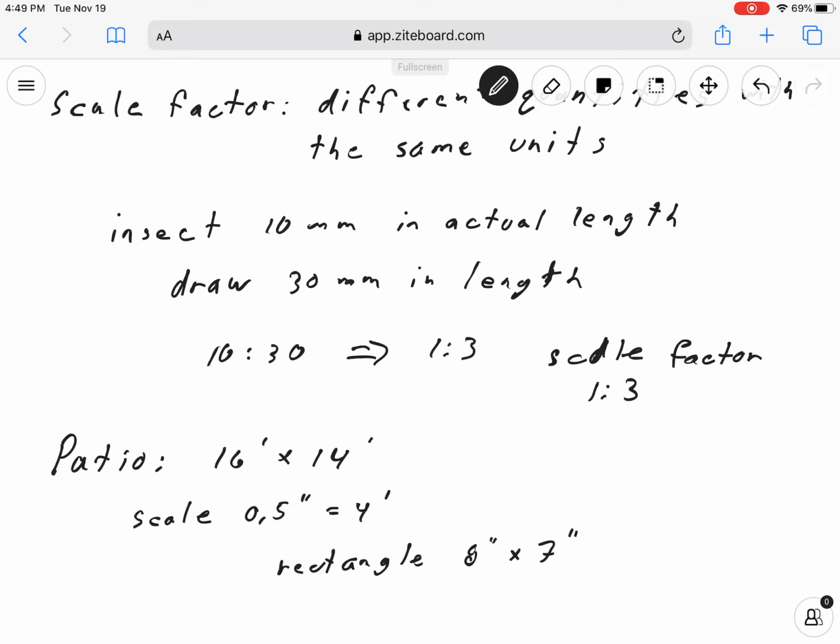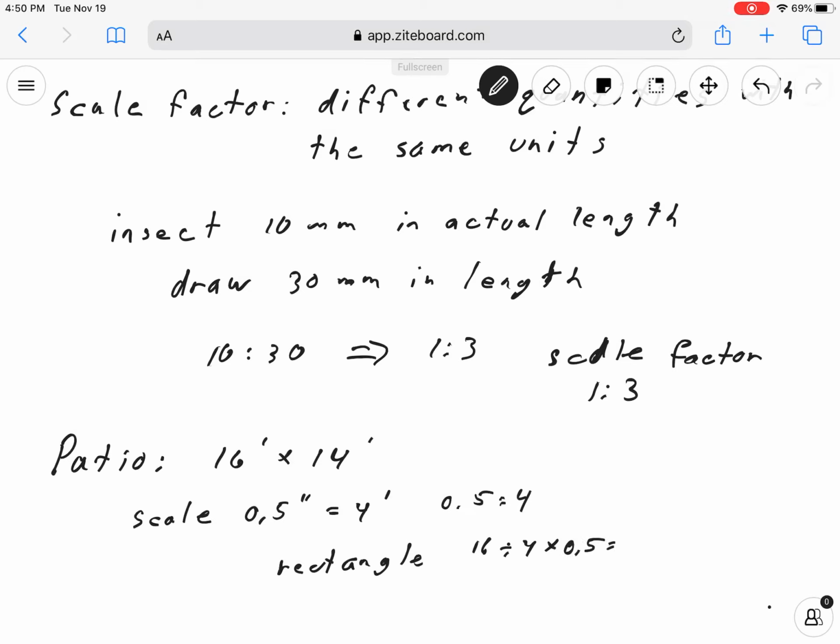So I'm using a scale of 1/2 to 4. That means I divide the 16 by 4 and multiply by 1/2.